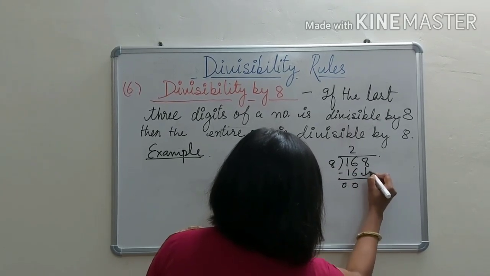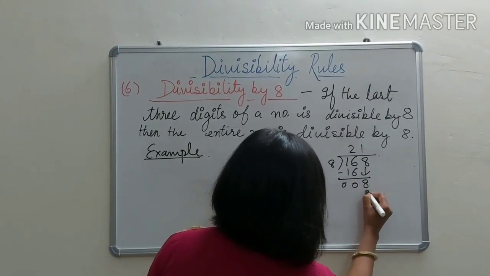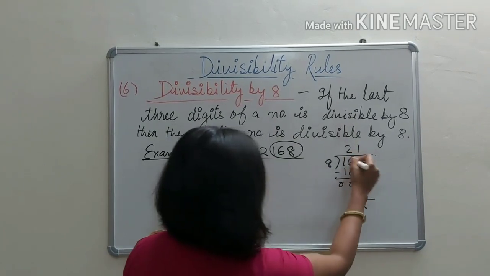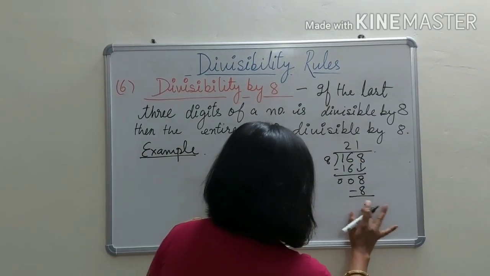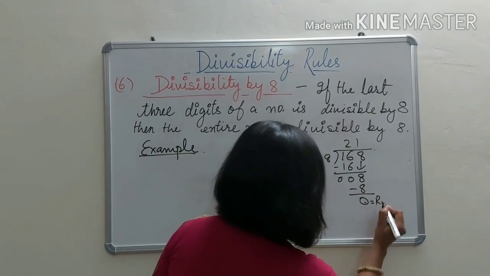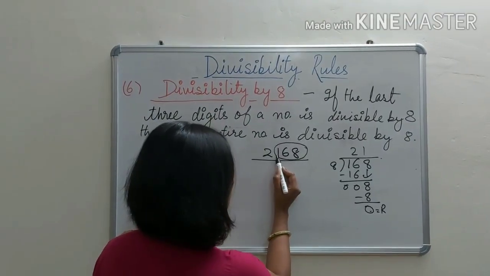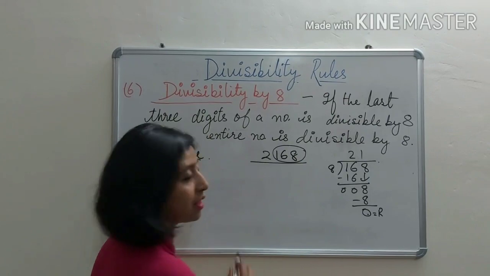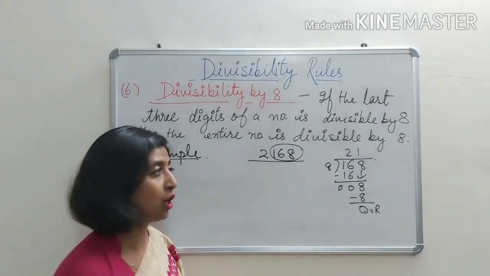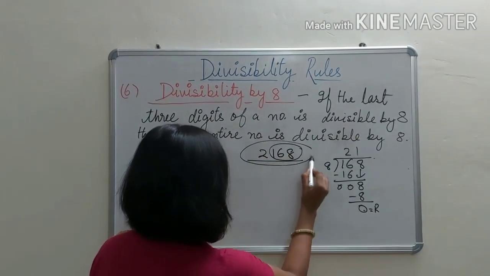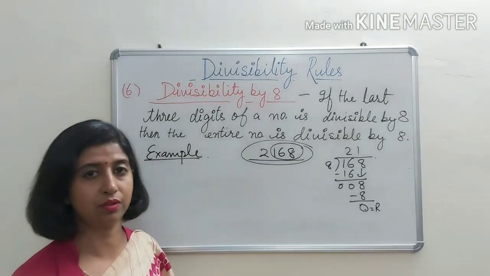Here you can see that this number is completely divided and the remainder is 0. If the remainder is 0, that means these last 3 digits are divisible by 8. So this entire number is divisible by 8.